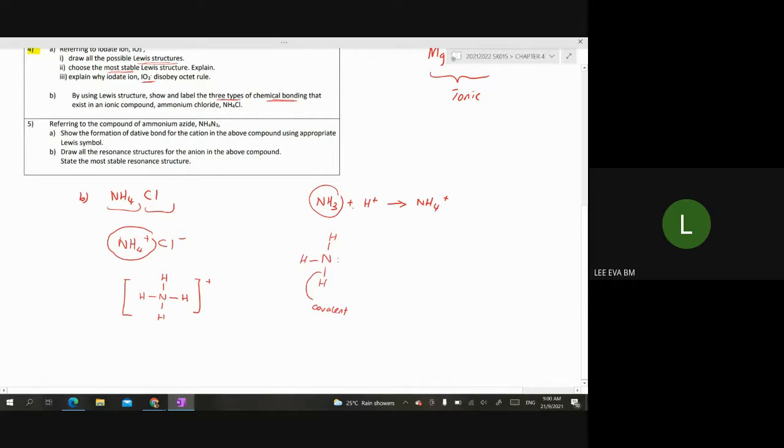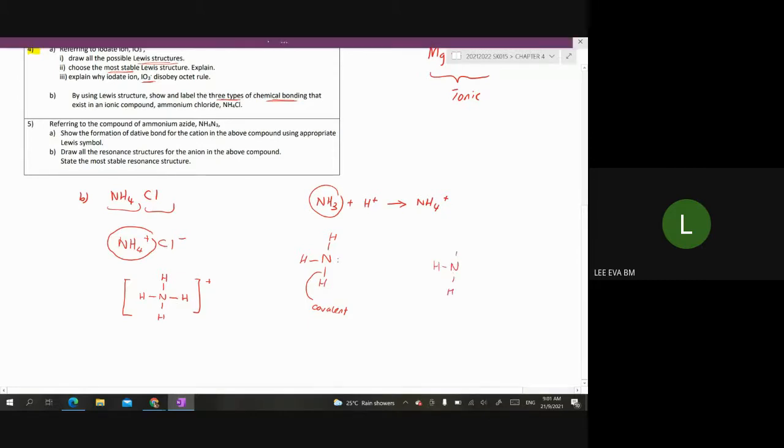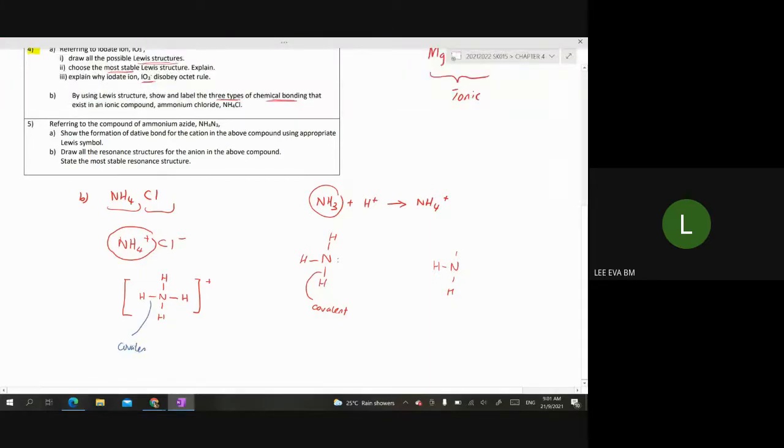Lepas tu bila dia donate electron kepada H positive, it becomes like this. It becomes our structure this way. So over here we need to label. This is the covalent bond. This is the dative bond. Walaupun tak tunjuk arrow pun boleh. Nak tunjuk arrow pun boleh. Tapi pastikan arrow awak adalah betul.